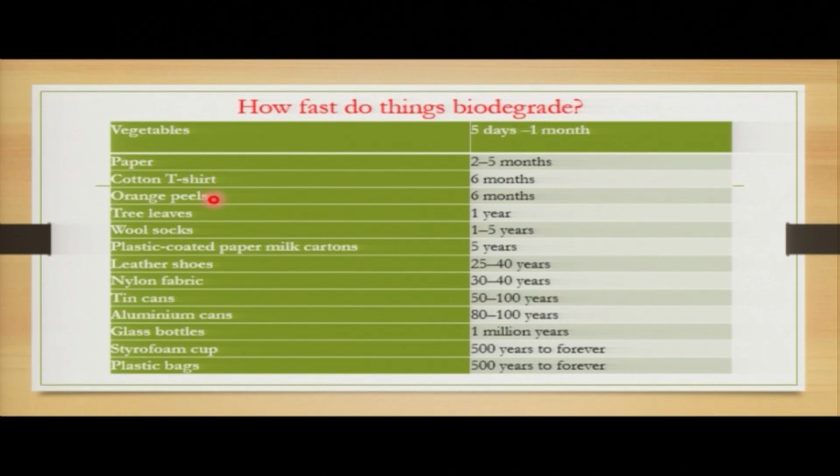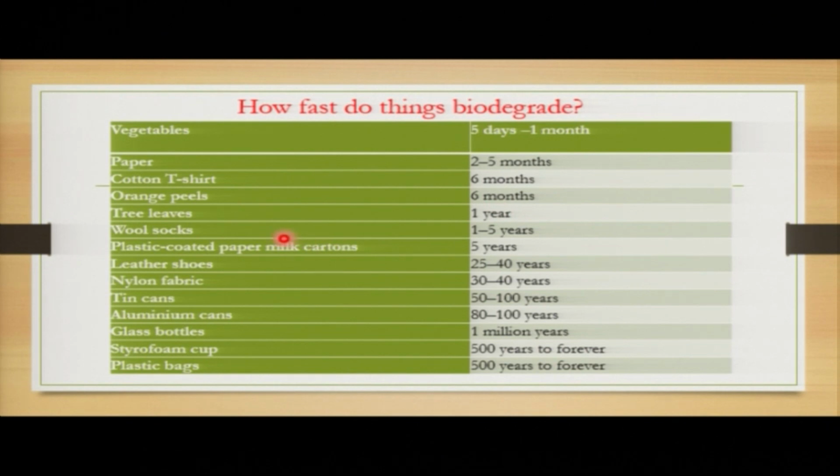These periods are scientifically proved and confirmed. Tree leaves, the leaves that fall from the tree, they are biodegradable as well, but they take 1 year.